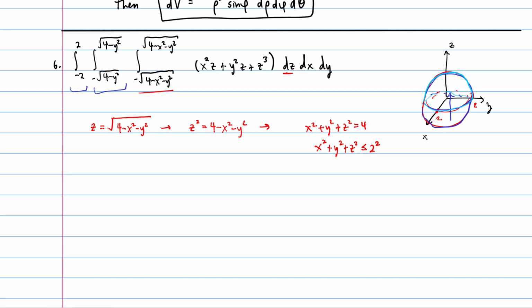Once you integrate in the z direction, it collapses everything to the xy plane. And now what are you left with? Now you're left with this disk of radius 2 in the xy plane. The next one says we're going to integrate in the x direction from the lower half to the upper half of the circle. So that one's going to go from back there to this side.